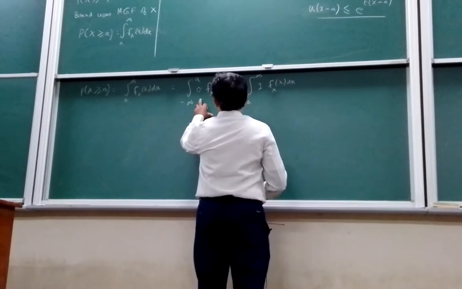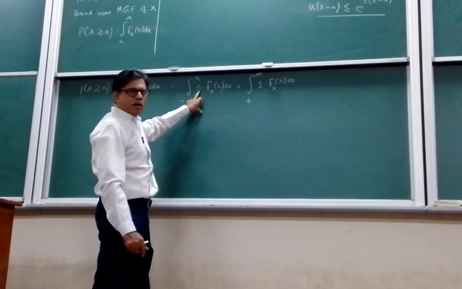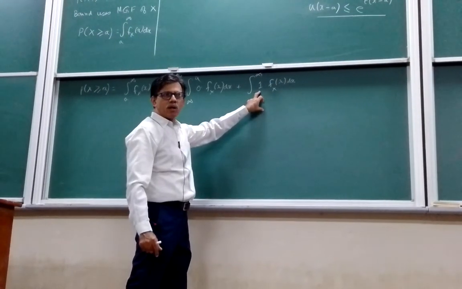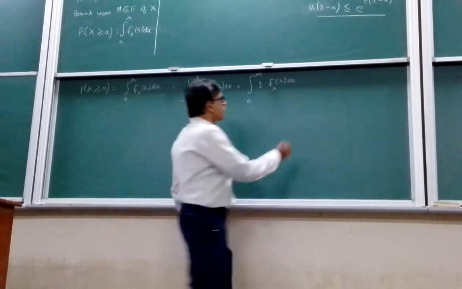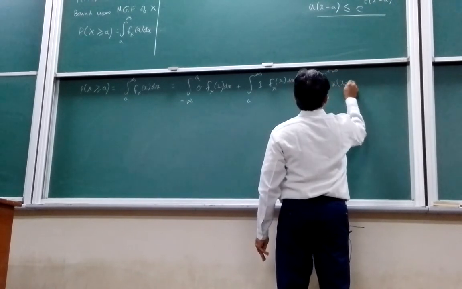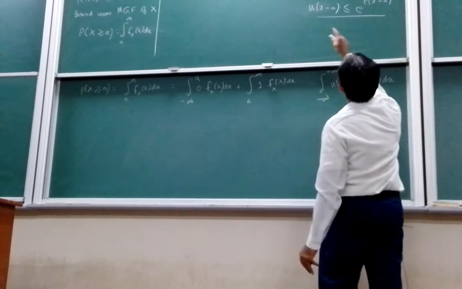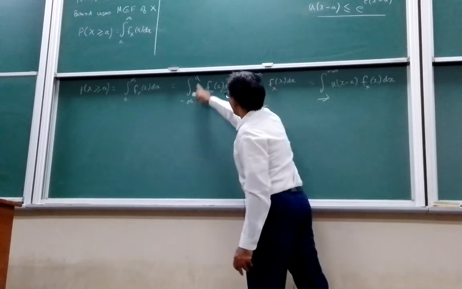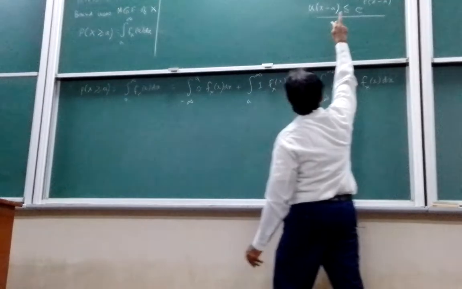So what is this one? Up to a you are multiplying 0, and from a onwards you are multiplying 1. It means that you are effectively multiplying u of x minus a into fx of x, because u of x minus a is 0 for x less than a, and for x greater than a it is 1.